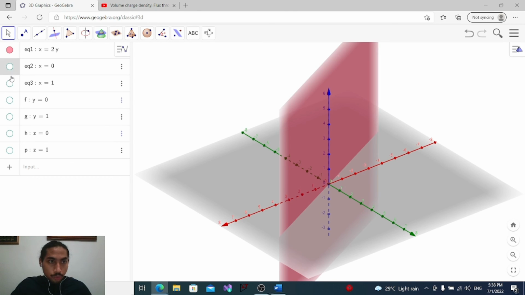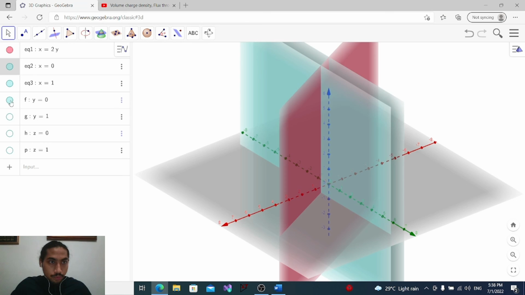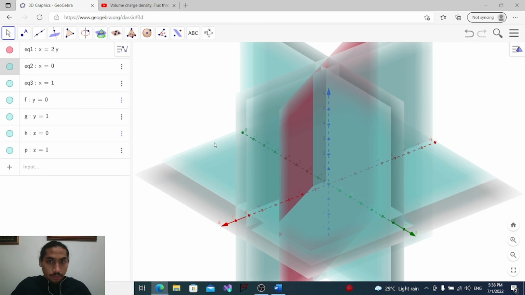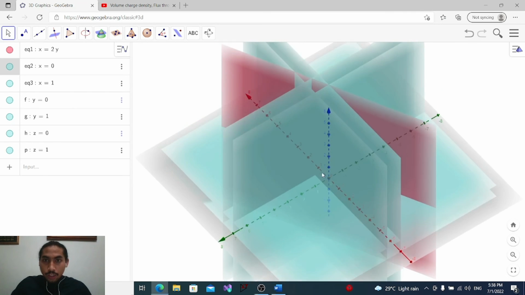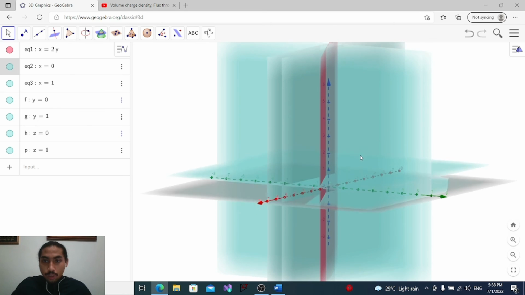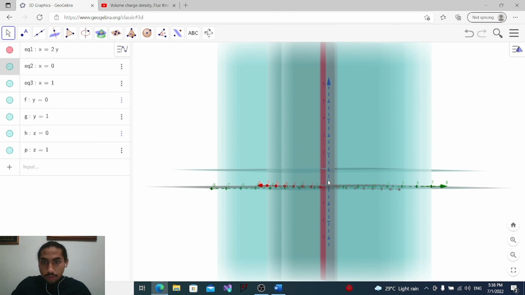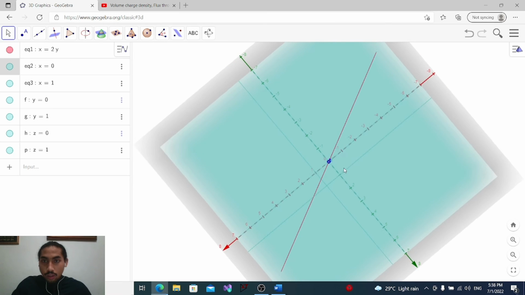So let me show you. So as you can see here, the total charge is between here and right here.